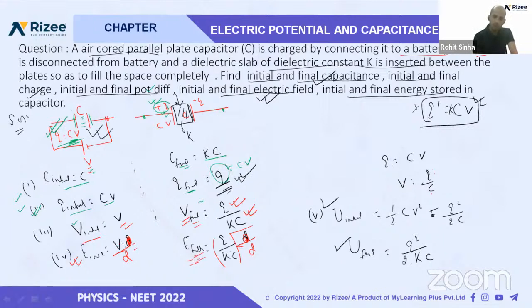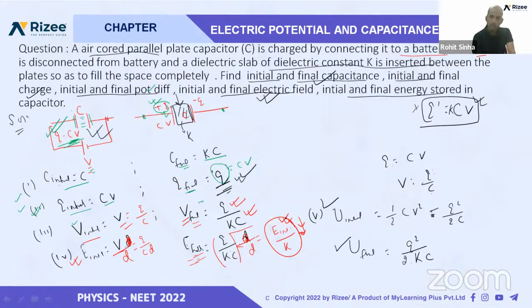We know V is equal to Q by C, so it is Q by C into D. You can compare here, Q by C into D. That means I will write here, it is equal to the initial electric field divided by K. So we will say that the electric field is decreasing finally.